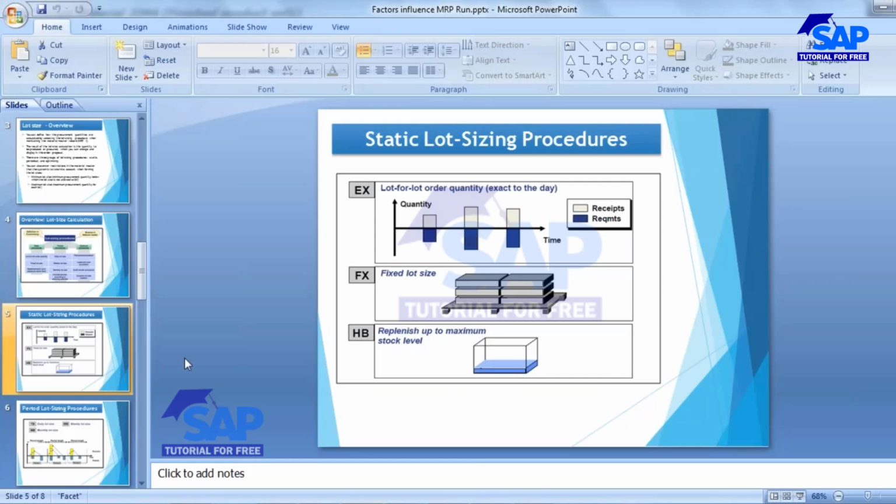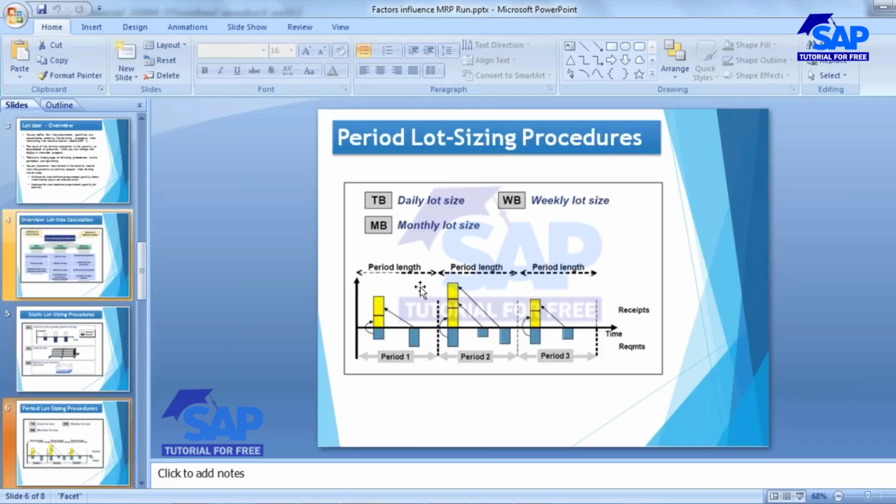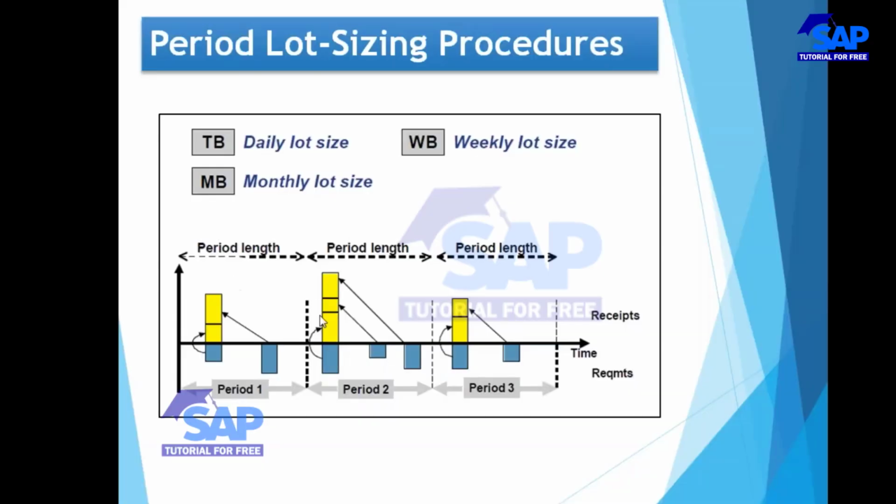Now the next one: sometimes you will have periodic lot sizing procedures. Here the system will club the requirements of a particular period and generate a single receipt element for that entire period. If you observe carefully, this is one period.